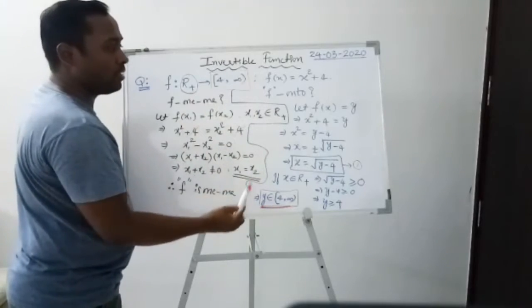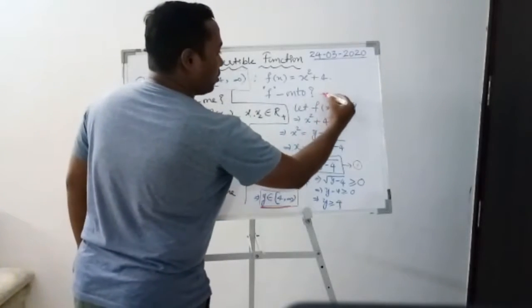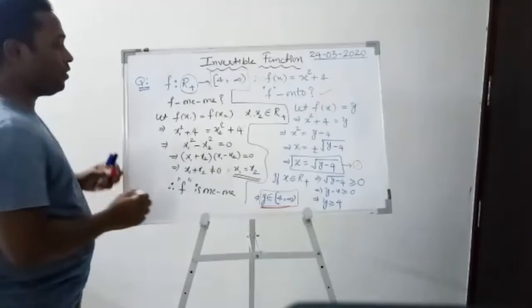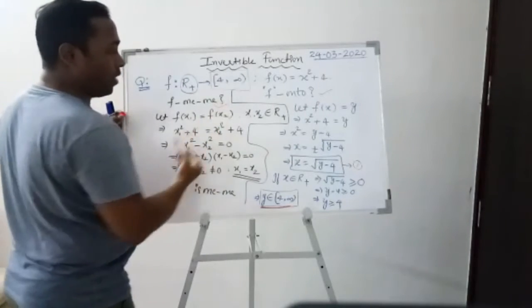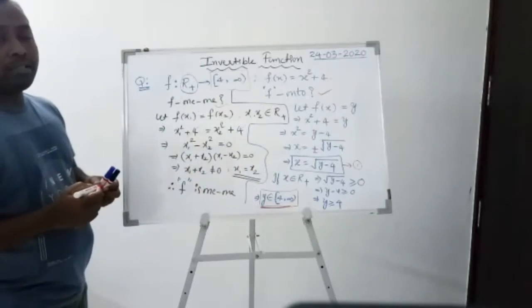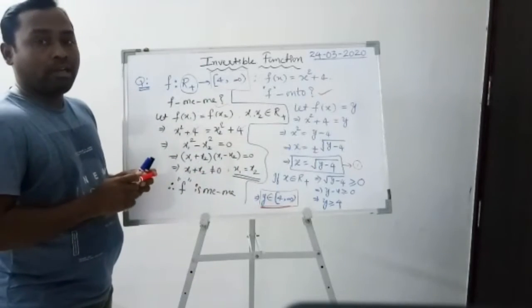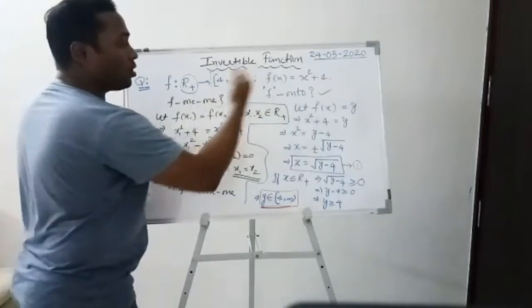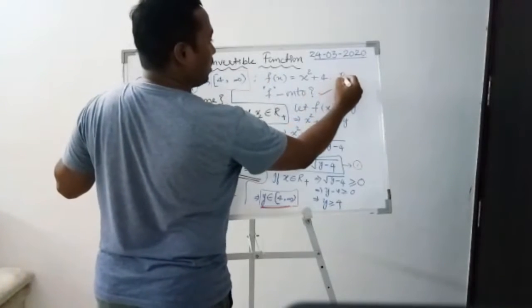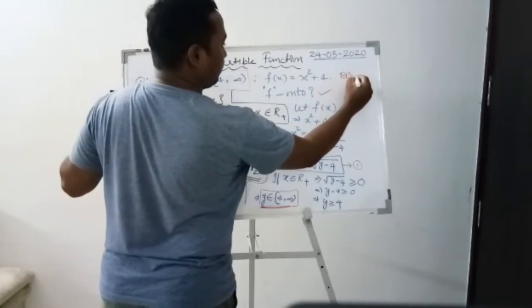Hence, we can say that the given function is onto. So, for the given question, we are able to prove it is 1-1 as well as onto. Hence, by the definition, you can say f is 1-1 and onto, or in short, the given function is bijective.